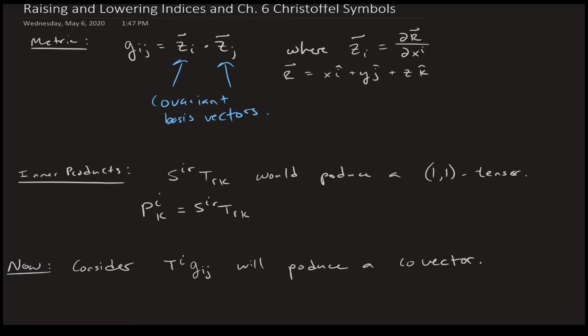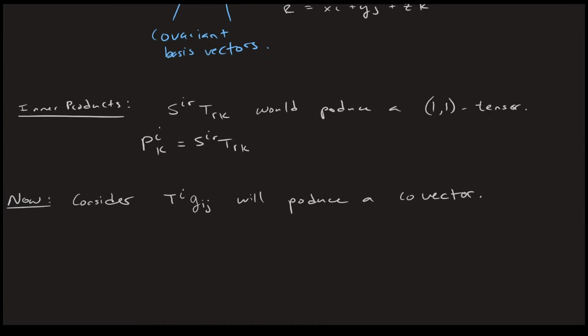Of course, that's just a shortened way to talk about a covariant tensor of rank 1, a covariant vector field. And we could call it Pj down equals Ti up, Gij down. So that would produce a 0-1 tensor, Pj down.